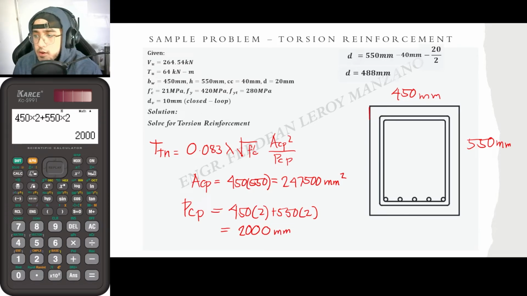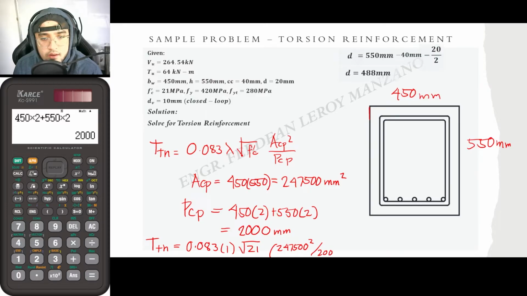Then substituting all known values, Tth is now equal to 0.083 times 1 times square root of 21 times 247,500 squared divided by 2,000.